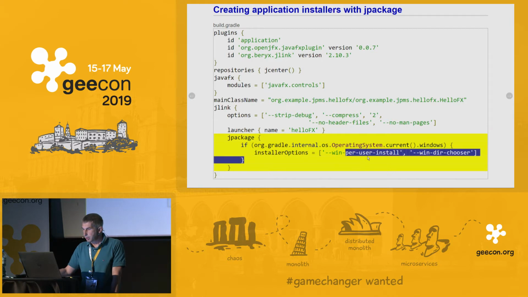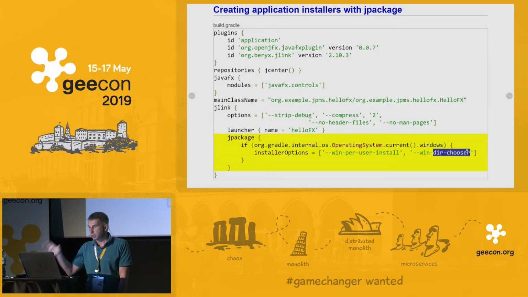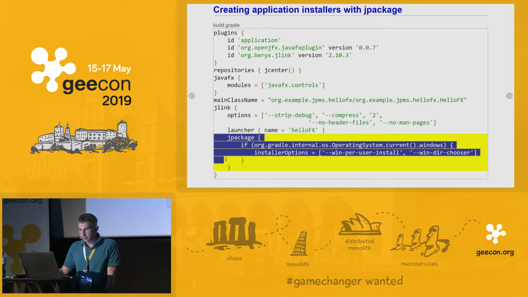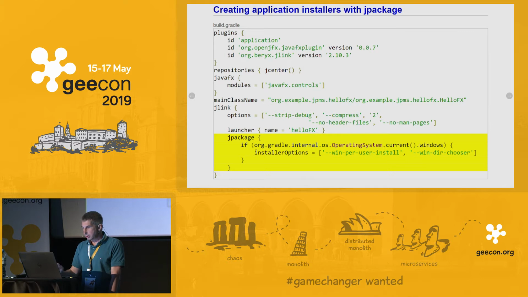We say here that we want a per user installation, and that the user should be able to choose the directory where the application will be installed. But again, we don't need this code for our application. We can throw away this piece of code, and the plugin will still create the right installer for your application.